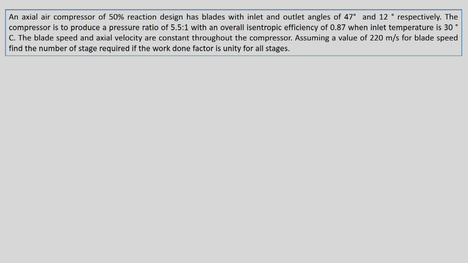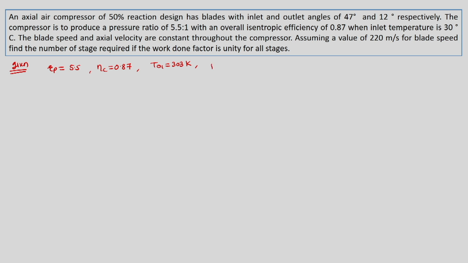So for all this sake, whatever we are given with, we can make use of. We are given that pressure ratio is 5.5, isentropic efficiency is 0.87, T01, we are told that it is 303 Kelvin.